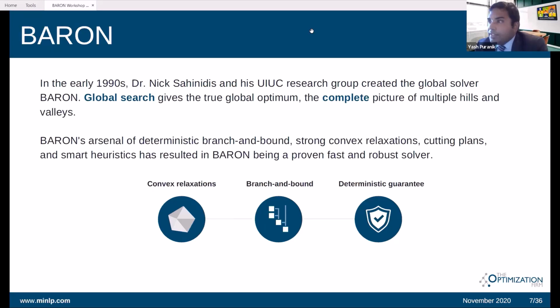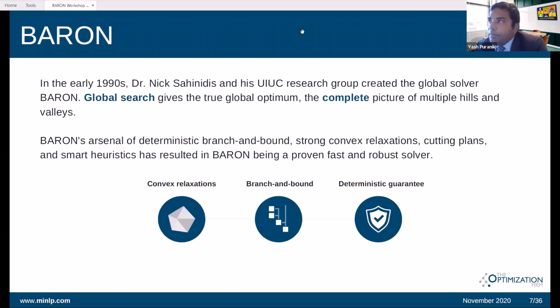Barron is loosely based on the framework that's called branch and bound or divide and conquer. Again, that's not unique to optimization. Divide and conquer has been used in a number of different domains for a long time. In fact, even for optimization, branch and bound was first proposed as early as the 1960s.